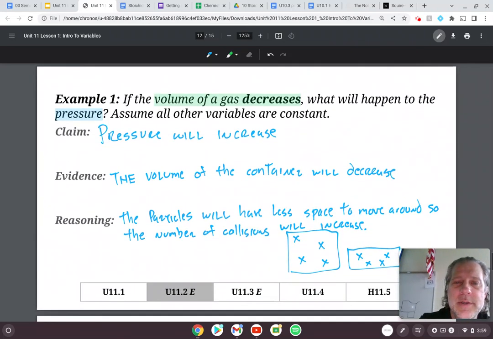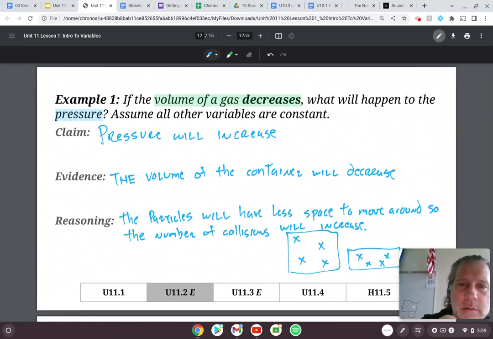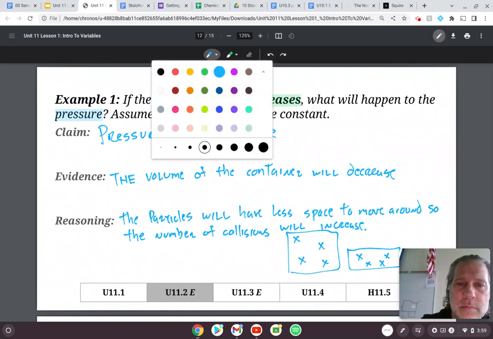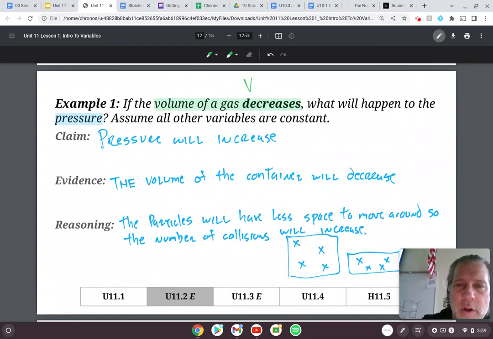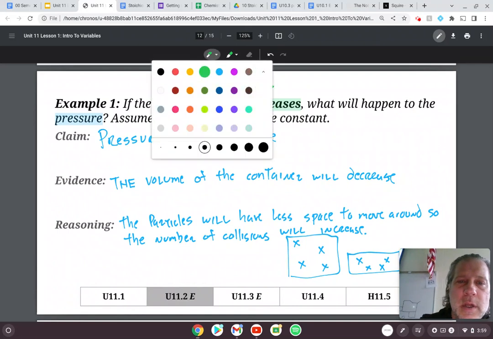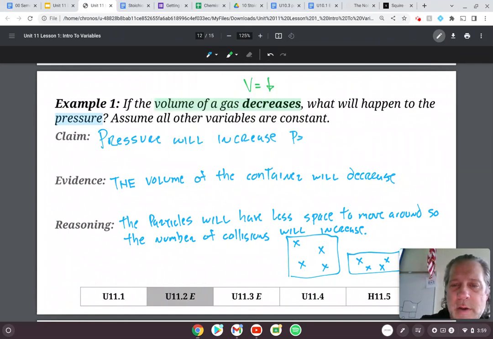And then the last one, here we have the volume increasing. The volume, we said decreased, but then we said that the pressure increased. Because they're opposite of each other, we're going to say that this is an inverse relationship.